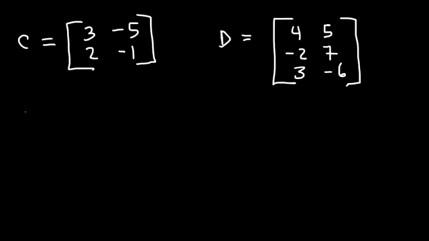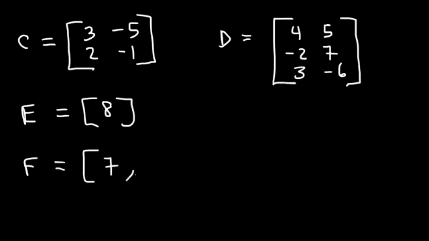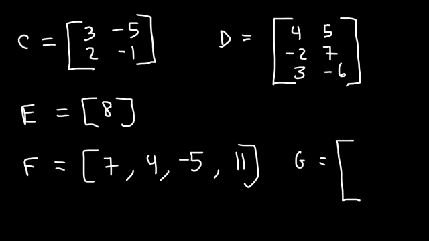And then we have matrix E, which contains one number, which is 8, matrix F is going to have 7, 4, -5, and 11. And let's say matrix G has the numbers 3, 1, 7, 2, 6, -4, 9, 0, 3.